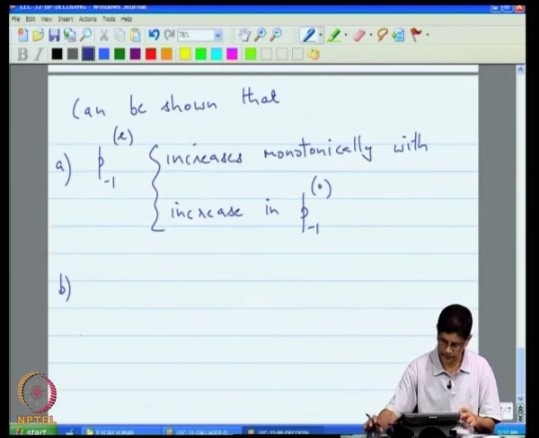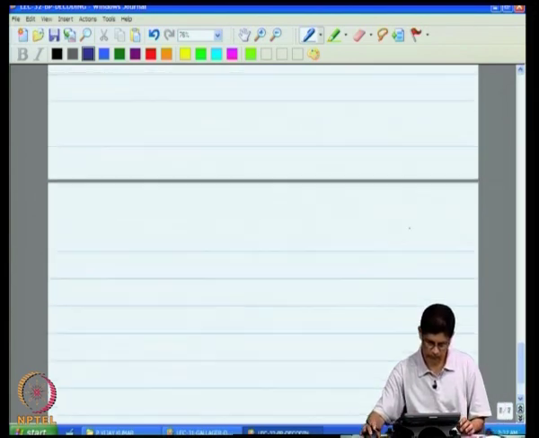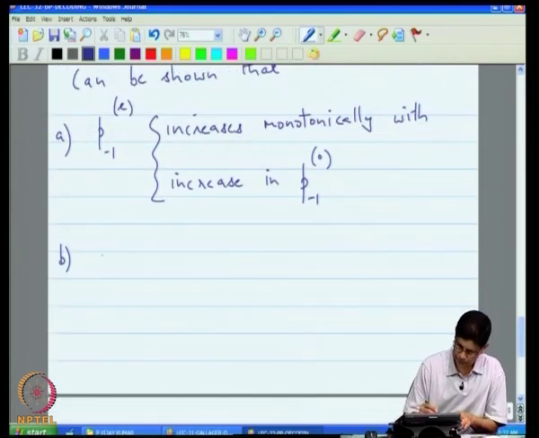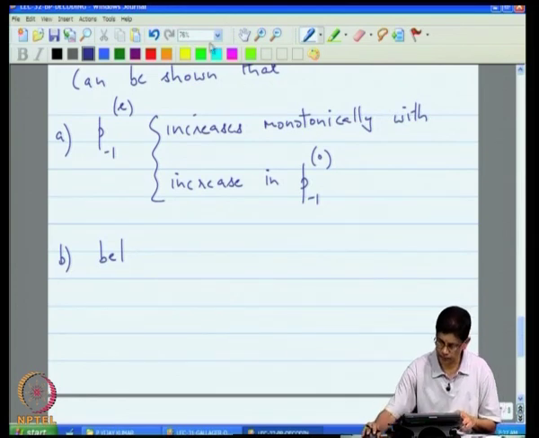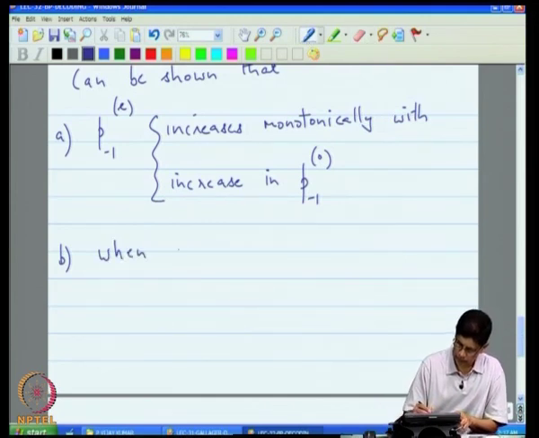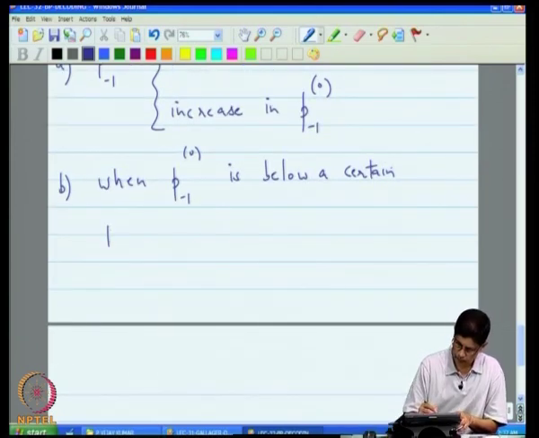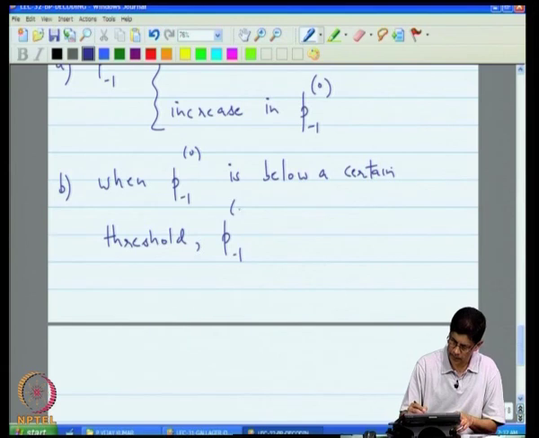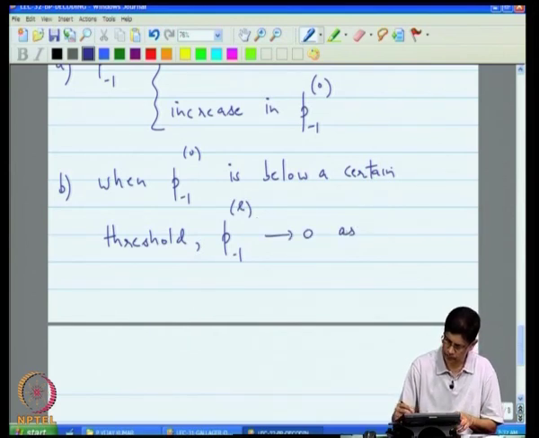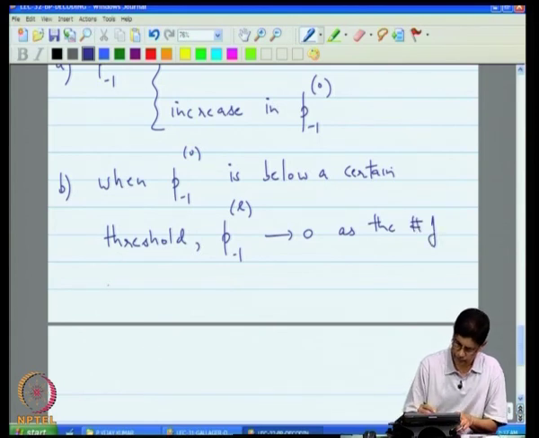And the second point is that, more precisely, when P minus 1 0 is below a certain threshold, P minus 1 L goes to 0 as the number of iterations increases.